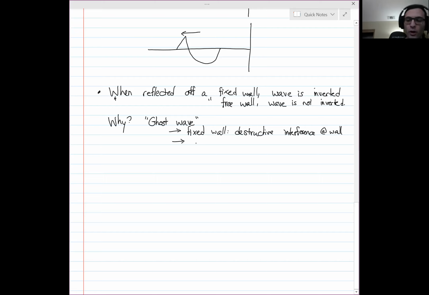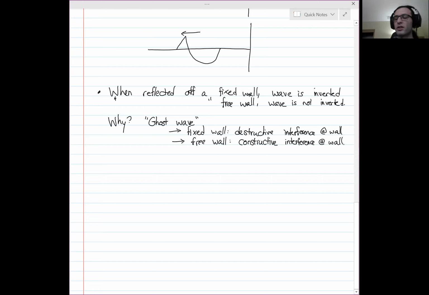For the free wall, the criteria that I gave you is that the slope is 0, but you can relatively easily show that that's equivalent to constructive interference. I'm not going to go into a whole lot of detail as to why that's the case, but hopefully you can at least remember from the GIF that it's constructive interference. So we need constructive interference at the wall.